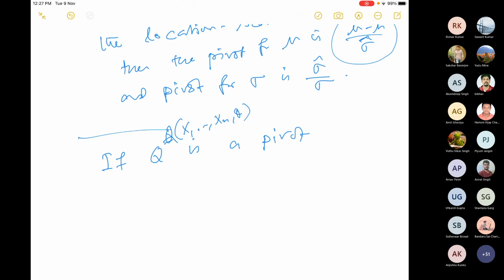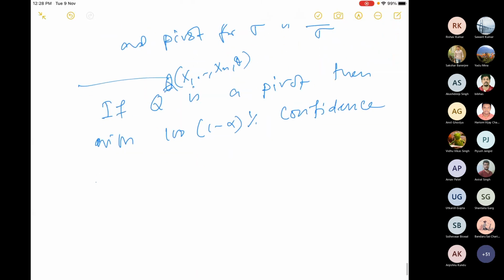If it is a pivot, then the 100 times 1 minus alpha confidence interval for theta is what?